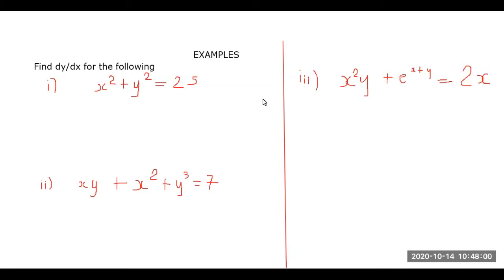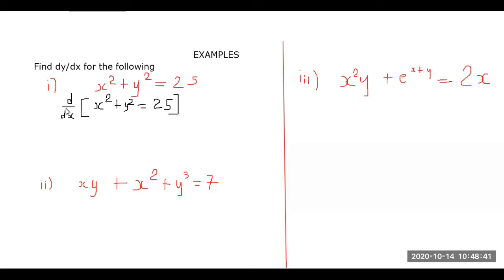To differentiate this function, we can differentiate the x part with respect to x, but we cannot differentiate y squared with respect to x, so we're going to have to use implicit differentiation. The first step is to write d by dx. We differentiate the entire equation with respect to x, so we're finding d by dx of x squared plus y squared equal to 25. That's step one.